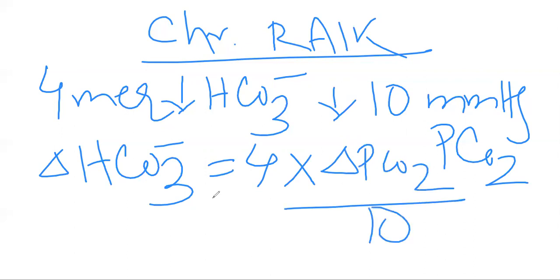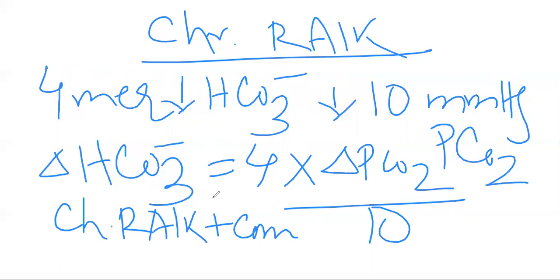And if it is matched with this equation, that means it is compensation. Compensation is going on here. That means here the answer should be chronic respiratory alkalosis plus compensatory metabolic acidosis.